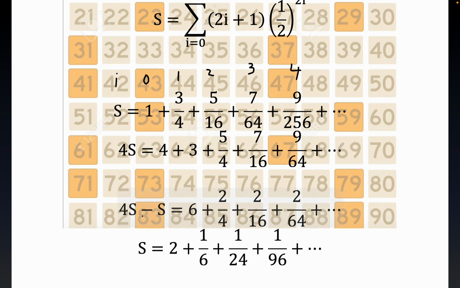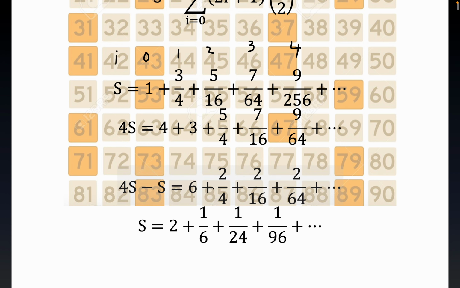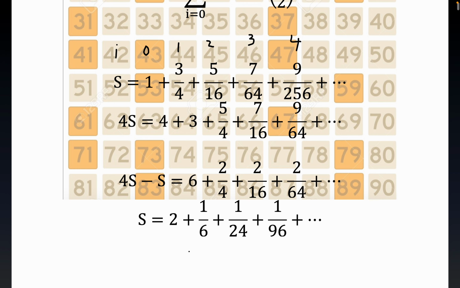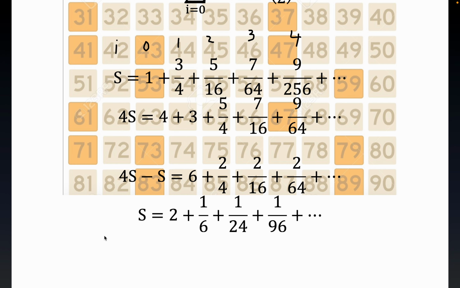So with these kinds of manipulations, you're trying to find a common ratio. All right, and right here we see that if we subtract S away from this, we do have a common ratio. I don't think we had the common ratio right here, but if you subtract S away from it, we end up with a common ratio. And let me just, I'm leaving just a little bit out right here. This part right here is 3S, right?